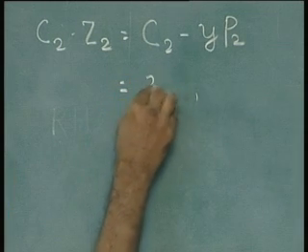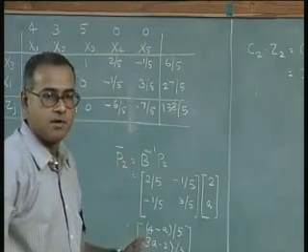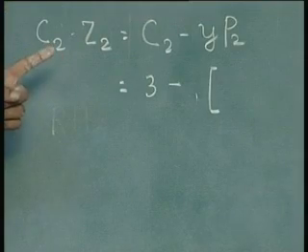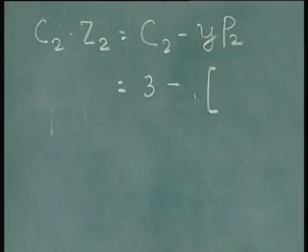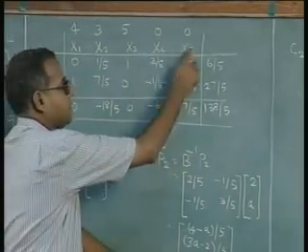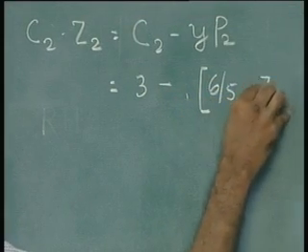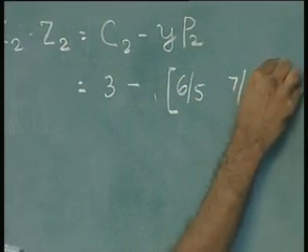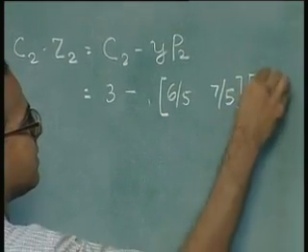C2 is 3, minus Y, which can be read again from the simplex table. Y represents the optimum solution to the dual. So, 6 by 5, 7 by 5 under the primal slack variables. Now, P2 has changed to 2a.